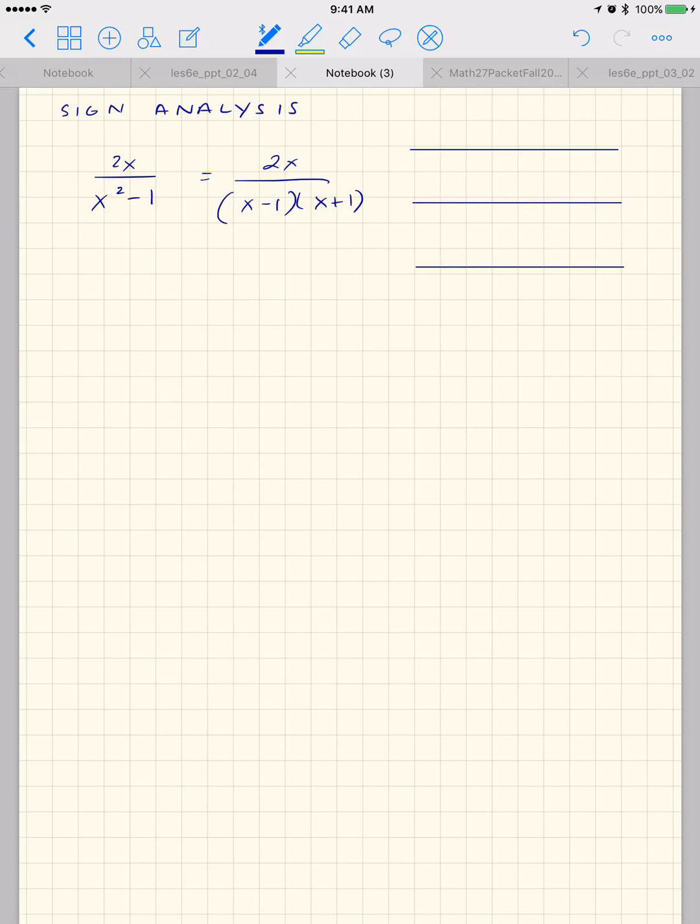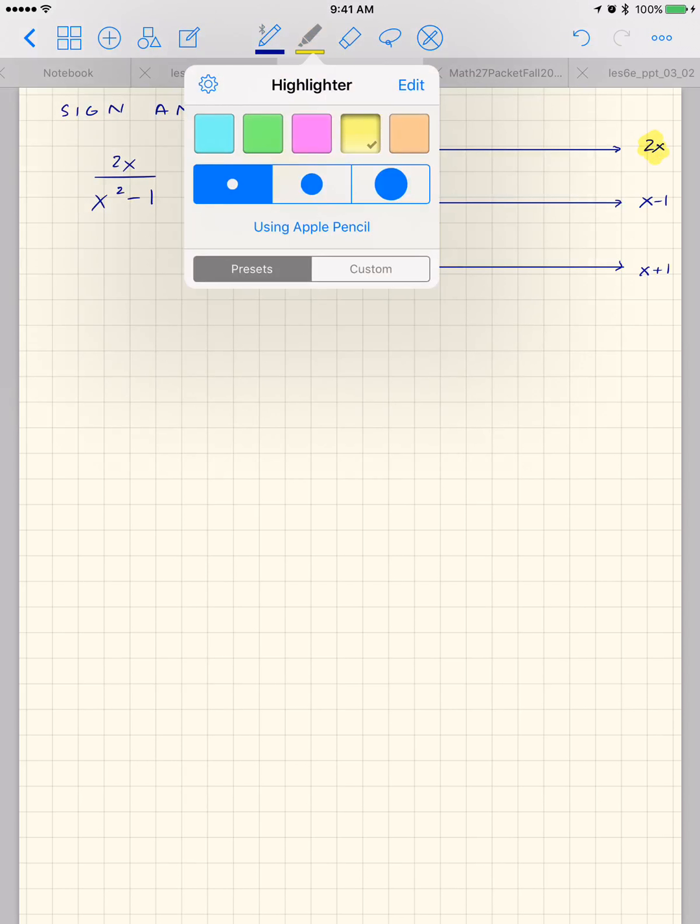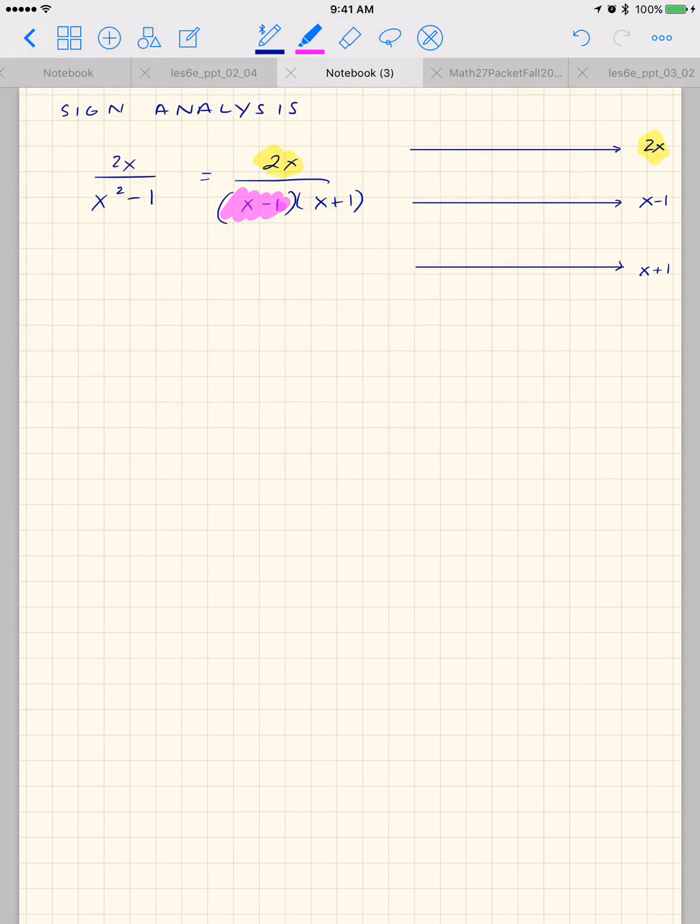Now this first number line is going to take into account 2x, the sign of 2x. The second is going to take into account x minus 1, and the third is going to take into account x plus 1. So each factor gets its own number line: 2x goes with 2x, x minus 1 with x minus 1, and x plus 1 with x plus 1.